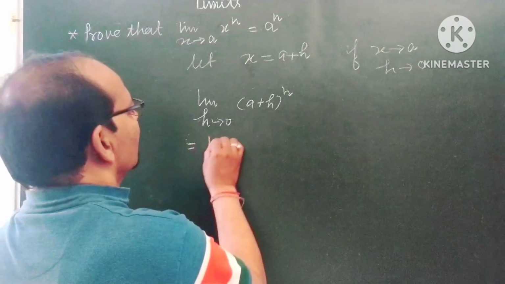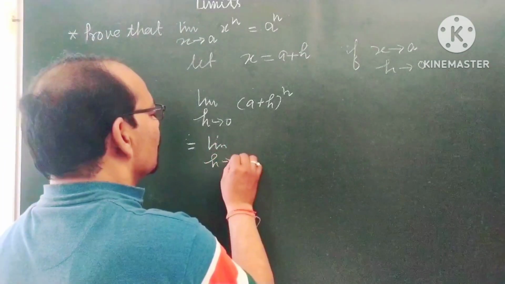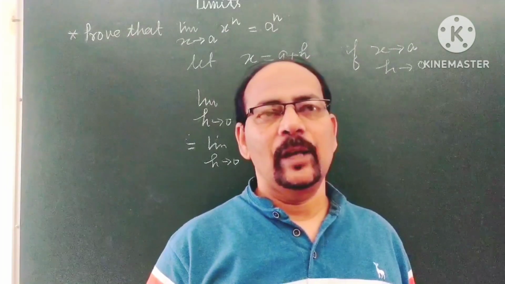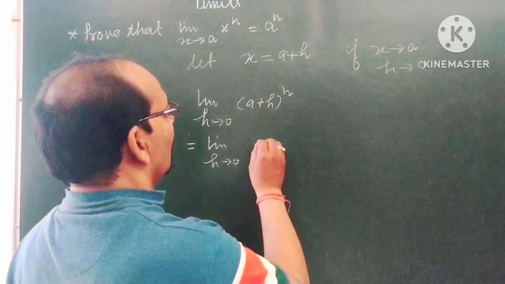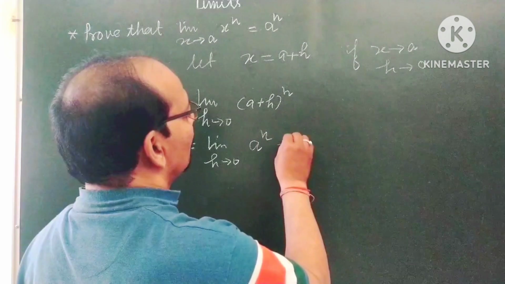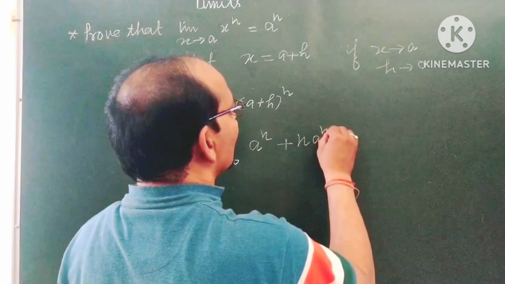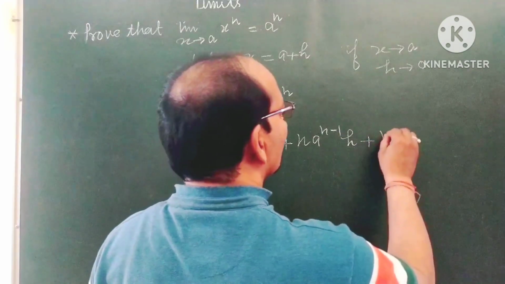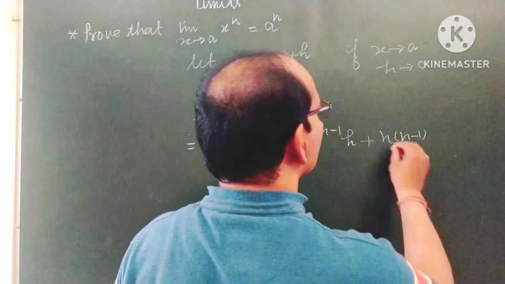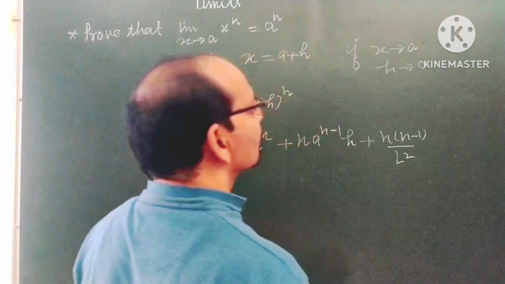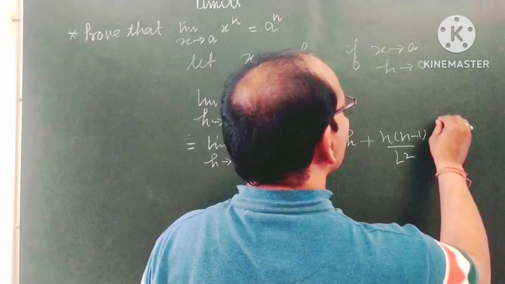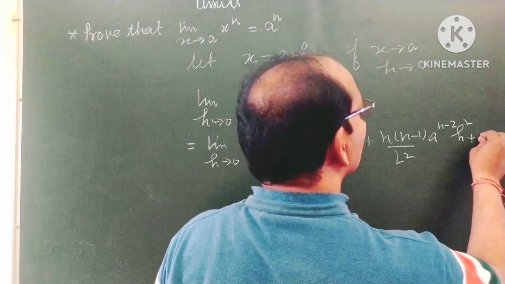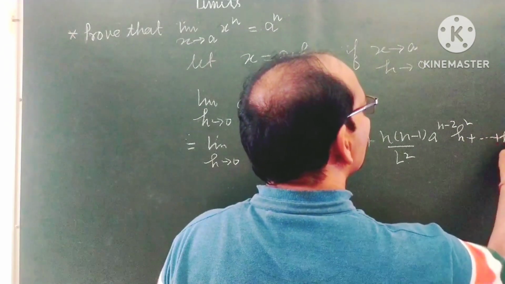After that we write limit h tends to 0 of a plus h raised to n, expand by the binomial expansion: a raised to n plus n into a raised to n minus 1 h plus n into n minus 1 by factorial 2 a raised to n minus 2 h square plus and so on plus h raised to n.